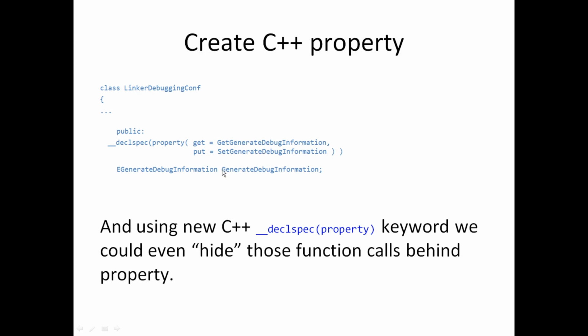And whenever we get that value, it will result in a get generate debug information function call. I'm not sure how portable this declare specification is, but from what I have checked, it should be supported at least by the Clang compiler.